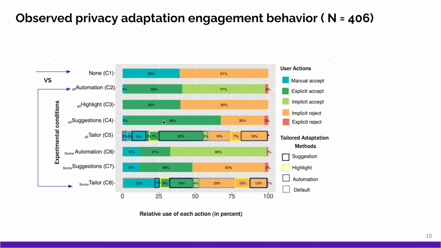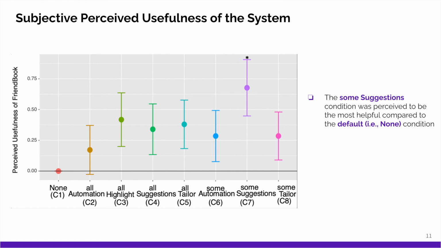Specifically, we saw a higher engagement rate when privacy suggestions were provided by the system. When we asked about the usefulness of the system depending on the condition, we found that the some-suggestion condition, where there were suggestions for some of the features, was perceived to be the most helpful compared to the default condition.